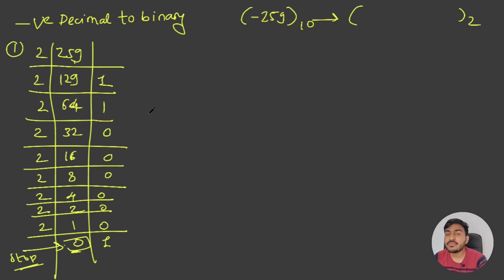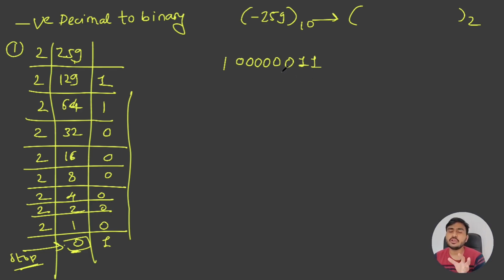Alright, so now we have got a number. Let me write this number from bottom to top. So the number is 1 followed by 6 times 0, followed by 2 times 1. Now let's group it into 8 bits.